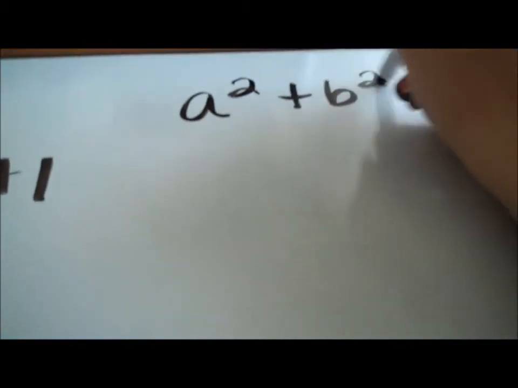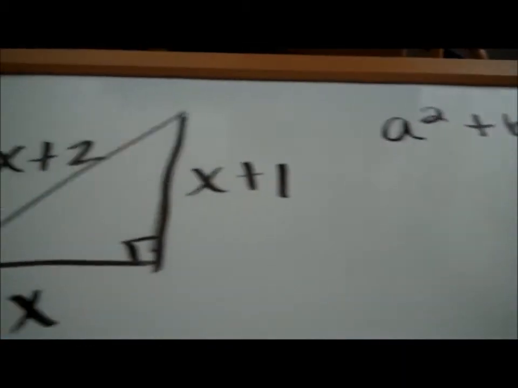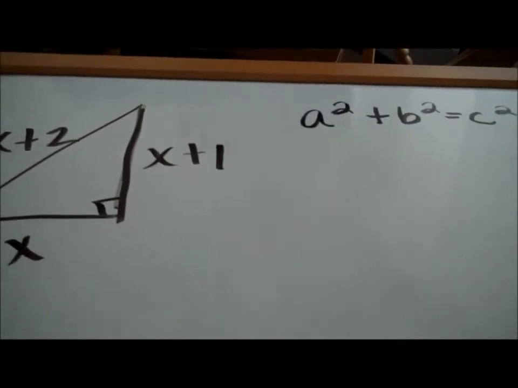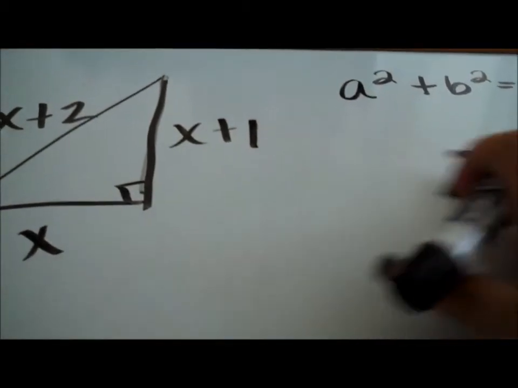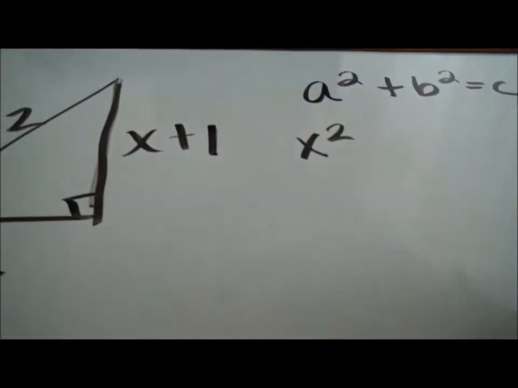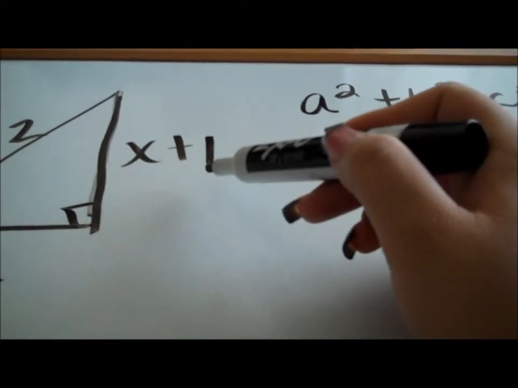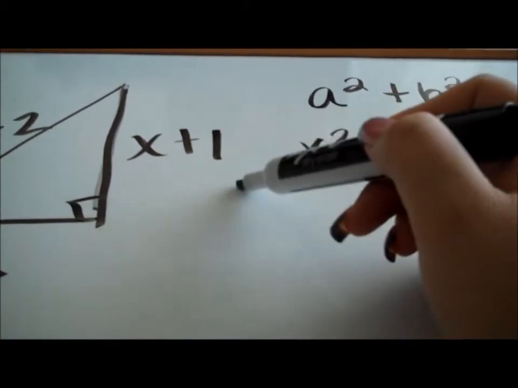So we have a squared plus b squared equals c squared. So we need to substitute our sides into the equation here. A, it doesn't matter which one, we're going to use as x squared. B, I'm going to use x plus 1. Now remember, when we're substituting something that is more than a monomial, you need to use parentheses.